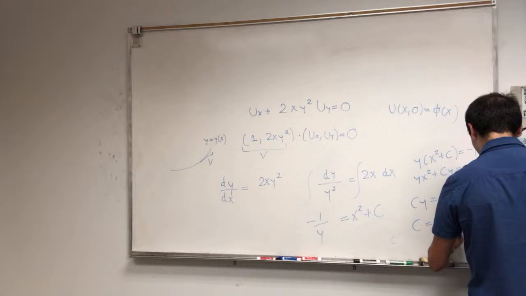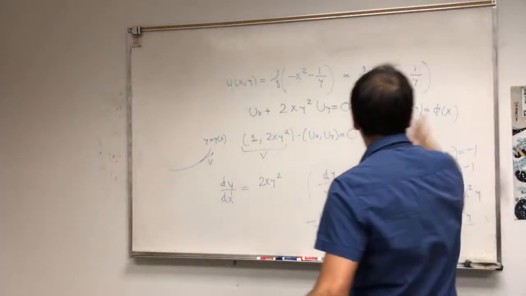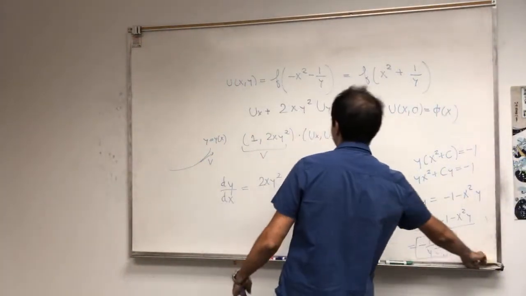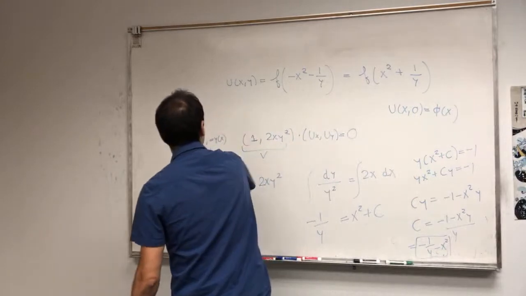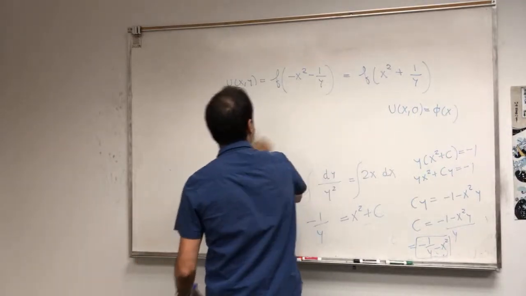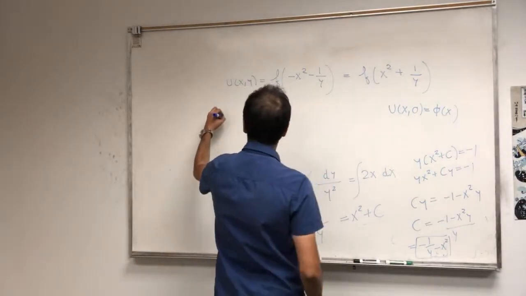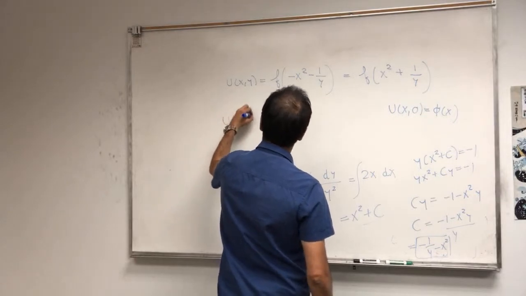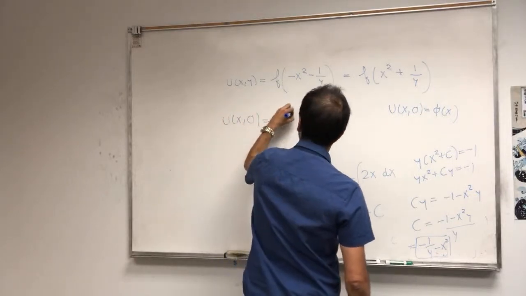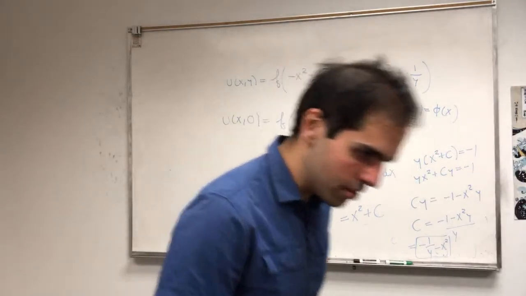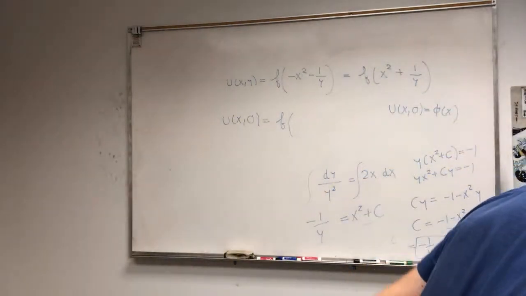Okay, so we're not done though, because this is the general solution, and now we want to plug in the boundary condition. So let's figure out what f is. Well, let's see. Well, u of (x,0), that is f of... Oh wait, this is interesting. Is that correct?